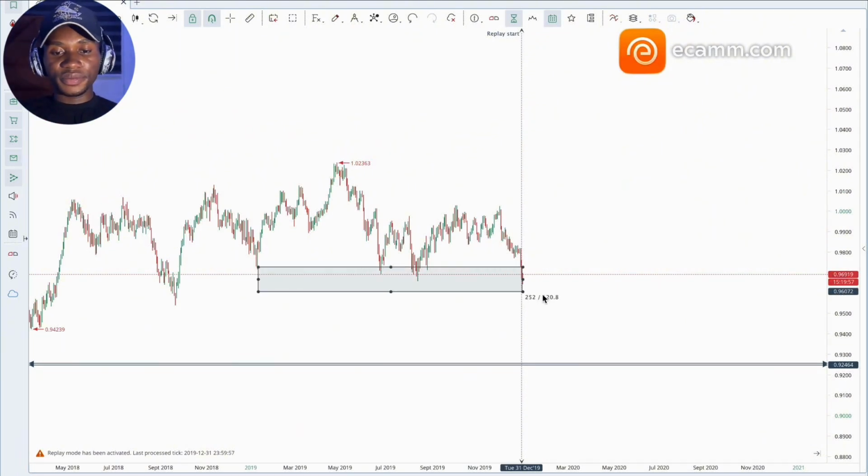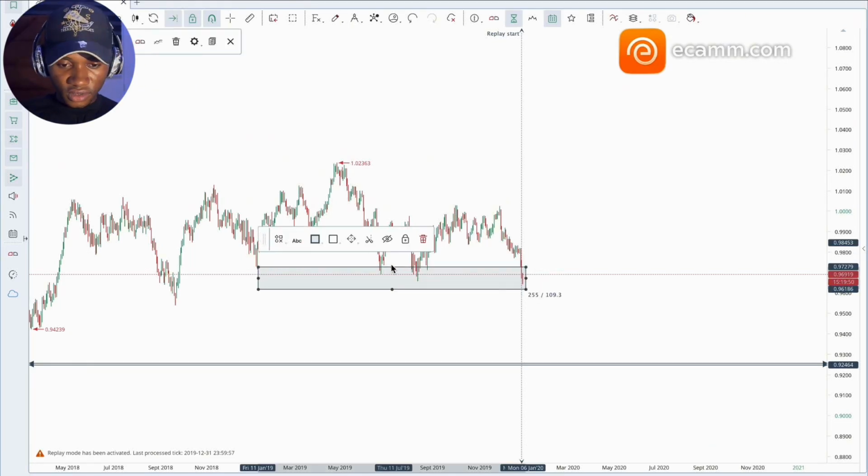And let's first draw the lows. I'll push from there. Let's find the low now. This is definitely a low in this market.